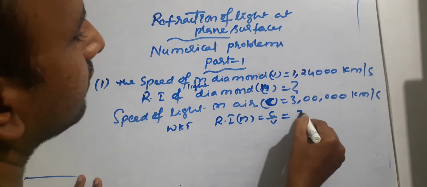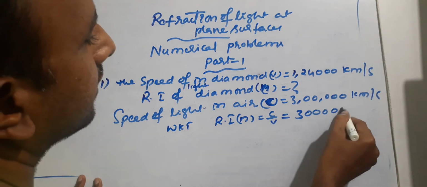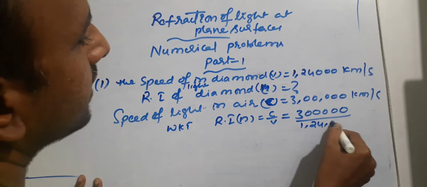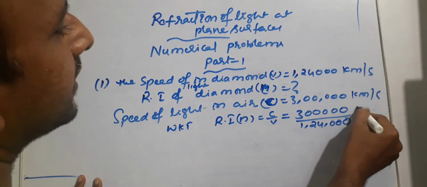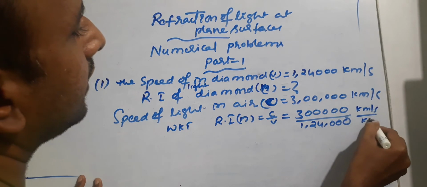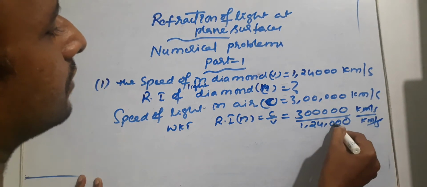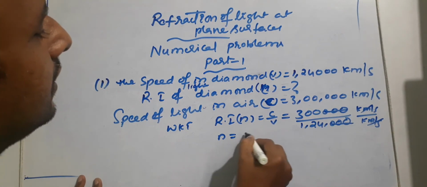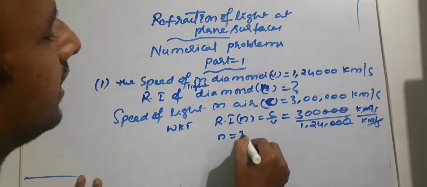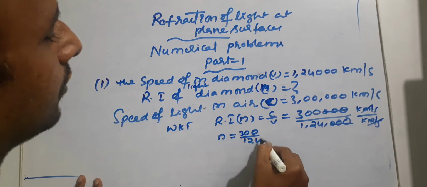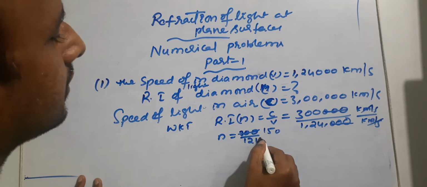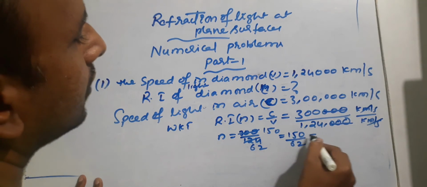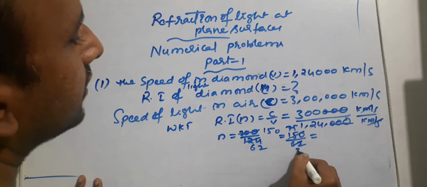This implies c value 3 lakh kilometer per second by 1,24,000 kilometer per second. Kilometer per second will be cancelled. Now 3 zeros will be cancelled. n is equal to 300 by 124, 2 150s, 2 62s, 150 by 62, 2 75s, 2 31s.